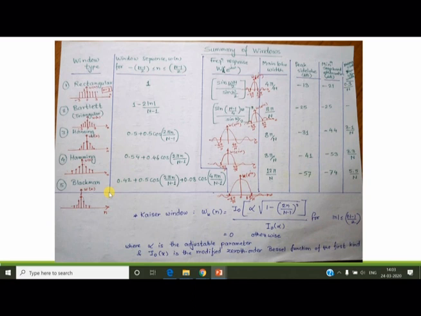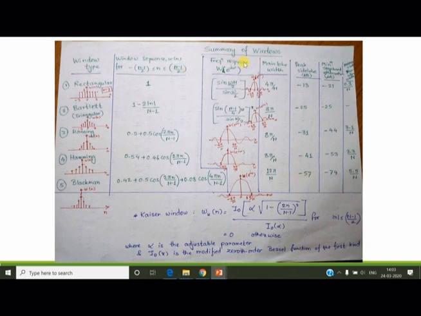Here is the summary of the window functions which we will make use of for designing the FIR filter: the rectangular window, triangular window, Hanning, Hamming, and Blackman window. These are all the time domain plots of these window functions. The second column provides the mathematical description for the range of small n from minus (N minus 1) by 2 to plus (N minus 1) by 2.